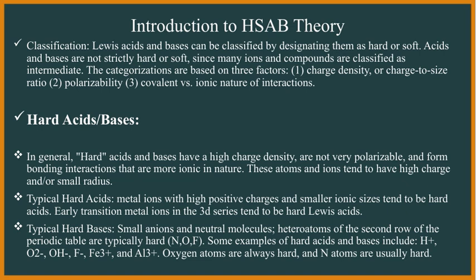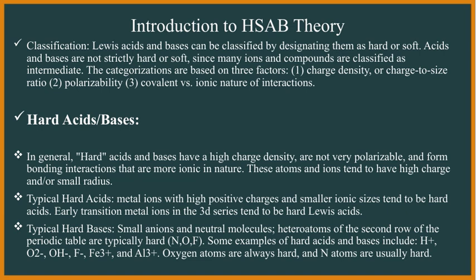For example, early transition metals in the 3d series tend to be hard Lewis acids because of these characteristics. When it comes to hard bases, we're typically talking about small anions or neutral molecules, particularly those with heteroatoms from the second row of the periodic table, like nitrogen, oxygen, and fluorine. Some typical examples of hard acids include H+ ions, O2- ions, hydroxide OH-, fluoride F-, and metal ions like Fe3+ and Al3+.